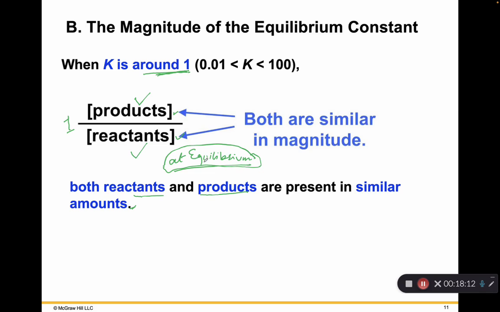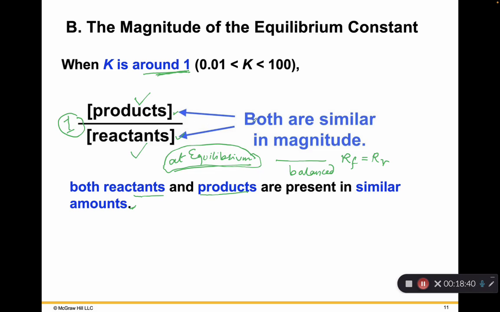The equilibrium does not go left or right. It will be at a balanced state, right at balance there. The rate of the forward reaction will be equal to the rate of the reverse reaction. The total concentration of products will be equal to the total concentration of reactants, so that the ratio will be 1. Isn't that beautiful?